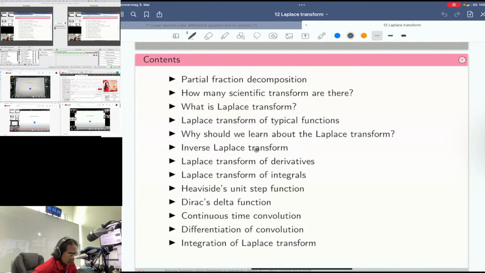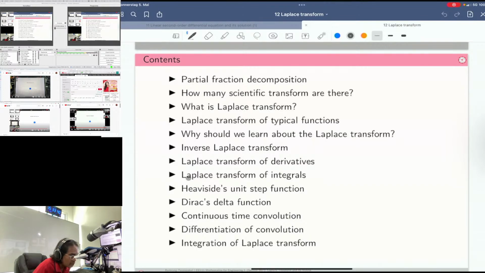We will consider the Laplace transform of derivatives, which is quite important. Laplace transform can be used to solve differential equations.